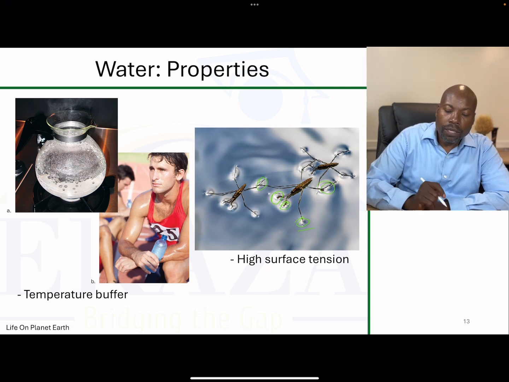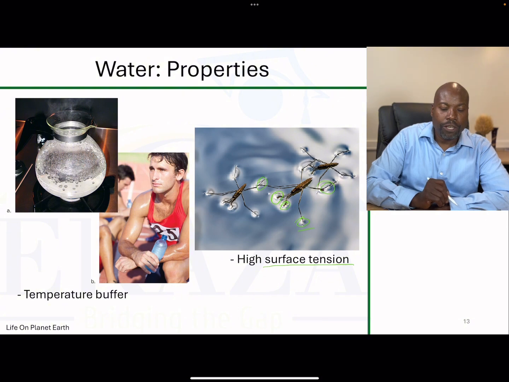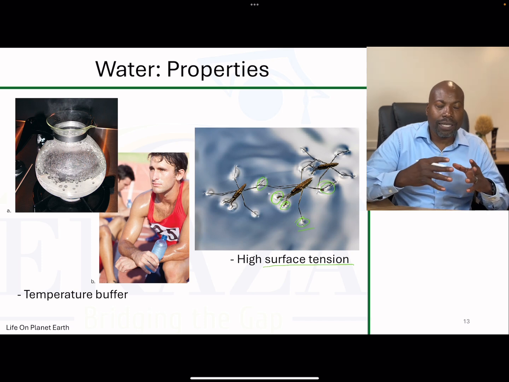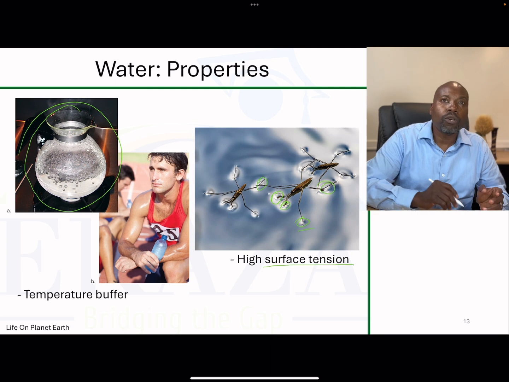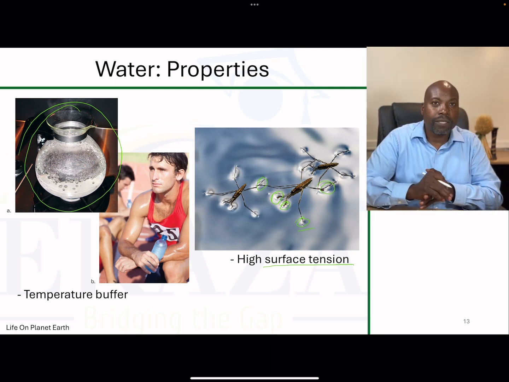Okay, water does not only have a high surface tension, but water is also a temperature buffer, meaning that water resists a change in temperature. It takes a lot of energy to boil water, okay, to change the temperature of water.